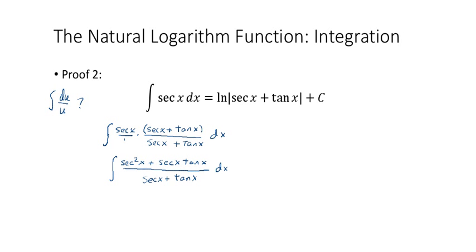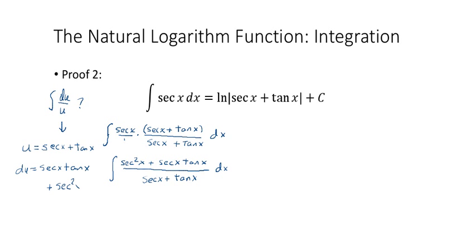Okay, well, if you didn't see them, we have this arrangement now, because if we let u be the sum secant of x plus tangent of x, well, look at du. The derivative has to be the derivative of secant of x, which we know to be secant of x times tangent of x, and the derivative of tangent of x, which is secant squared x, times dx.